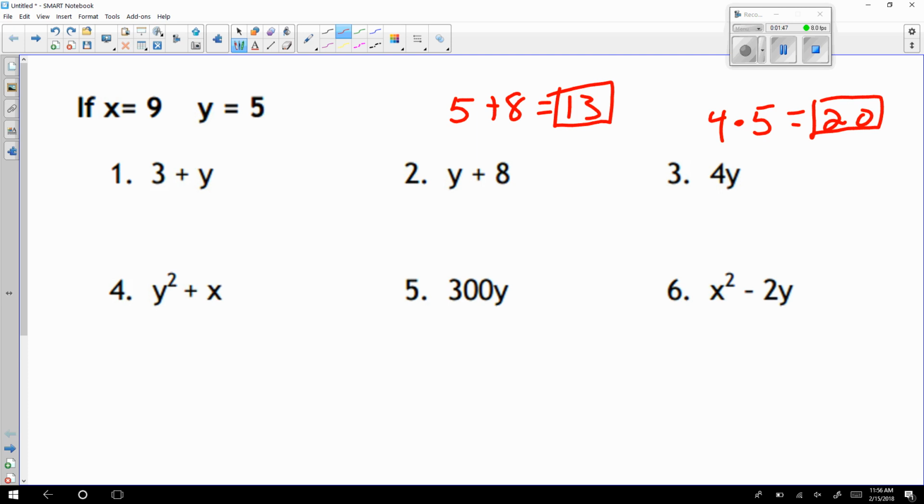Down to number 4. Remember that this is an exponent, so that means it's going to be 5 times 5 plus 9. Following our order of operations, this comes first. So we have 25 plus 9. And then once we add those, we would get 34.